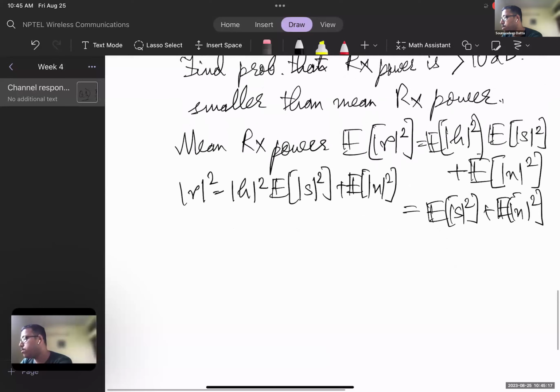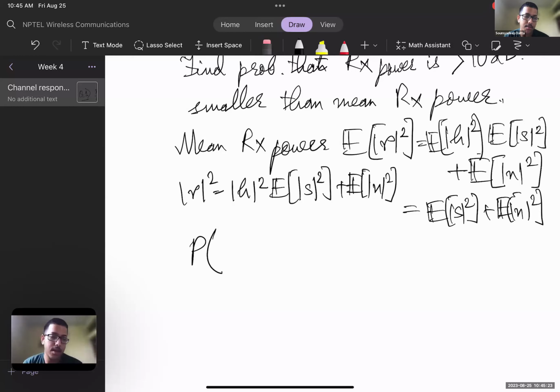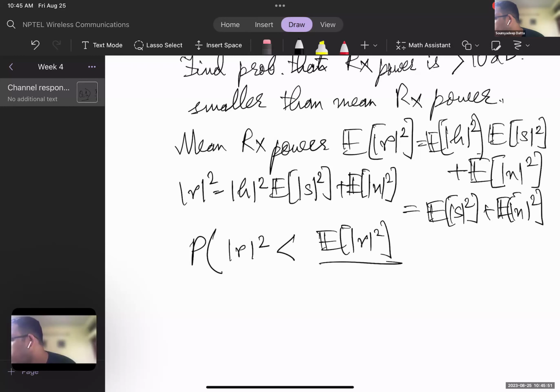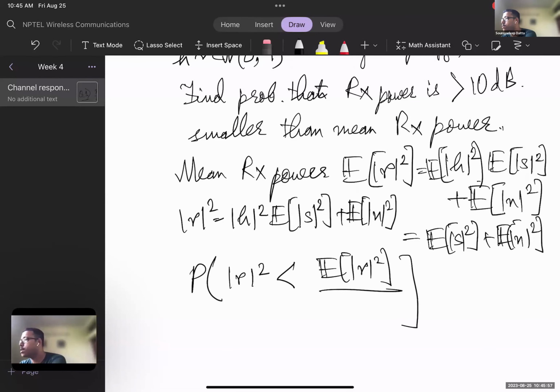And so what I want here is the probability that this thing, mod R square, is less than the expectation of mod R square divided by this value, by a magnitude of 10 dB.